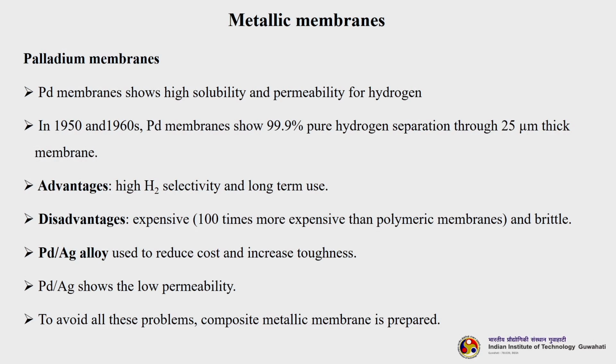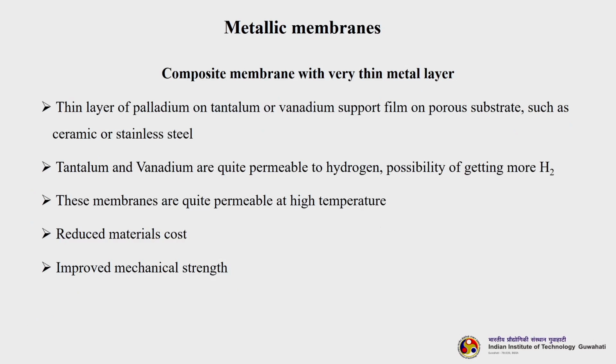It has reduced the cost as well as increased the toughness. However, this palladium silver alloy shows low permeability, and to avoid all these problems, composite metallic membranes are nowadays prepared.